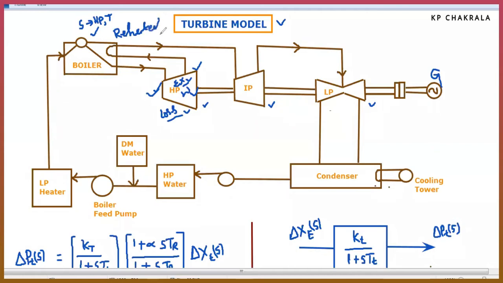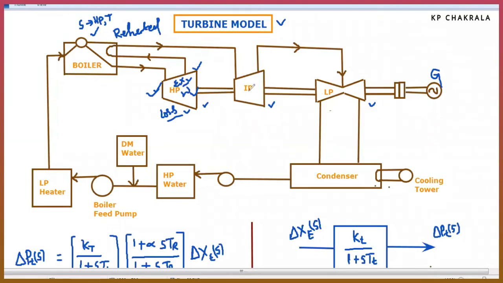Because if the same steam with low pressure and temperature is not reheated and is allowed to pass through the intermediate pressure turbine, it will be converted into water, damage the blades of the turbine, and reduce the efficiency.